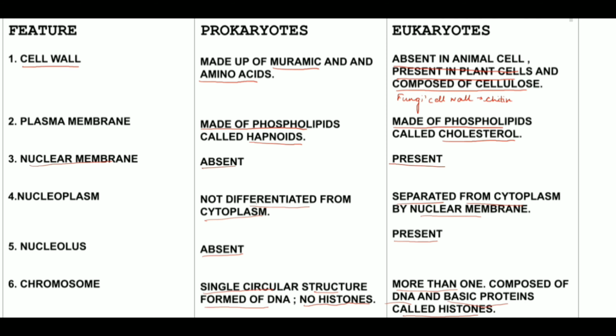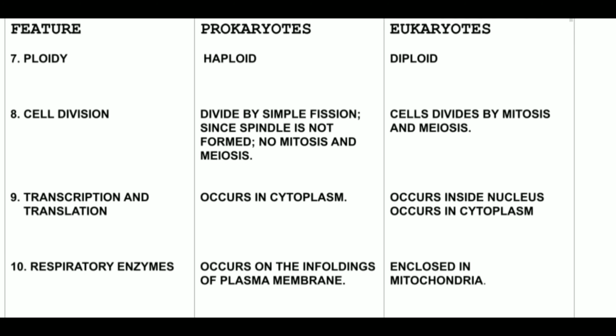Moving on, ploidy. What does the word ploidy mean? It means the set of chromosomes. Most people know what is haploid and diploid, but they actually don't know what it means. So haploid is basically this condition, where there is only one set of chromosome present.